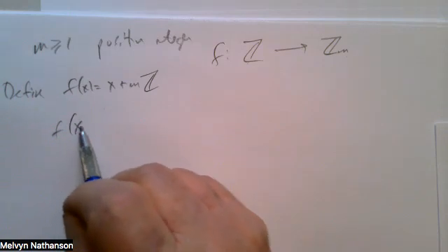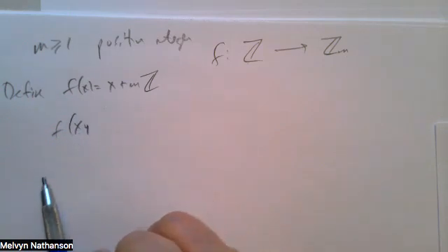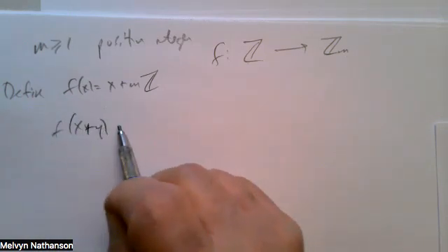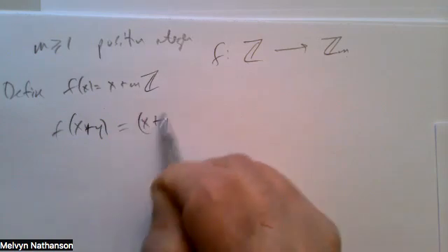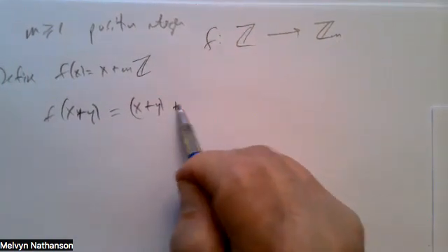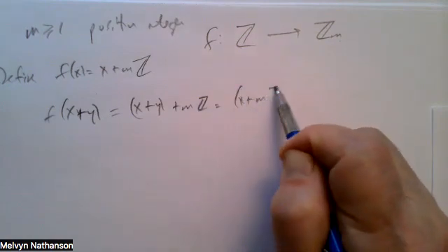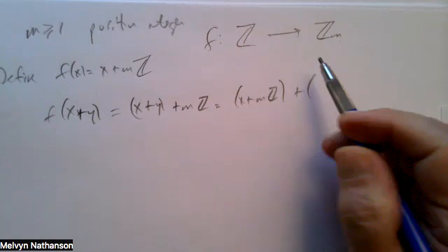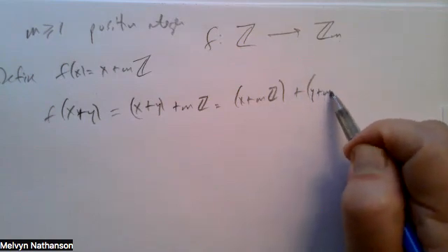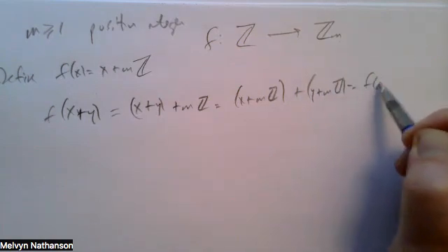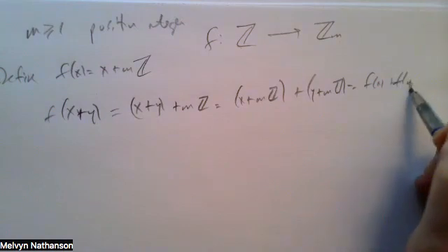So f of x plus y is the congruence class x plus y plus mZ, which is the sum of the two congruence classes x plus mZ and y plus mZ, which is f of x plus f of y.